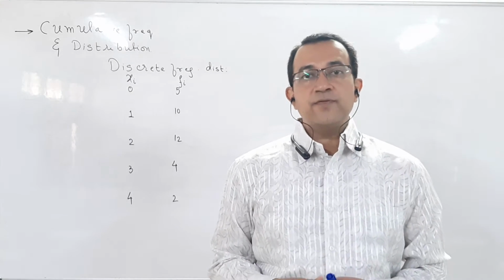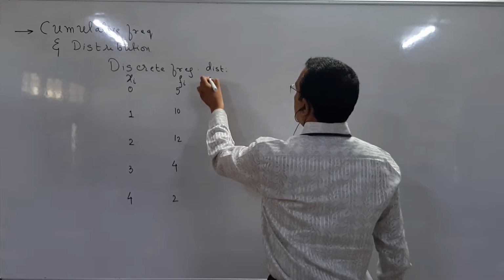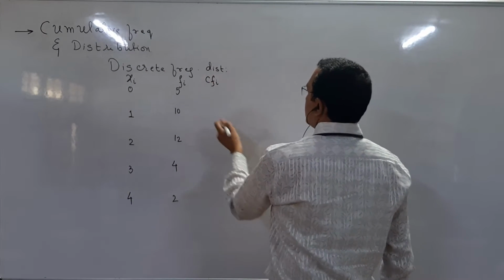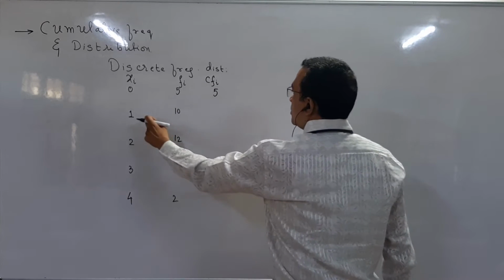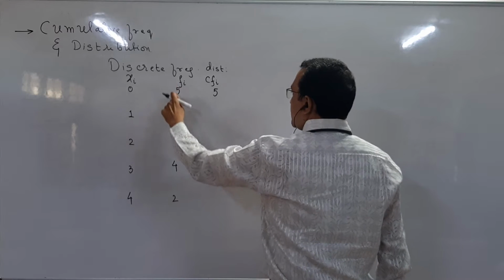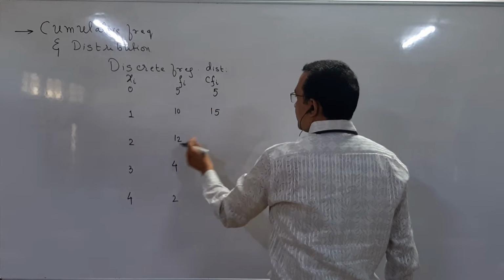Now students, if I want to find CFi, the cumulative frequency, the cumulative frequency of 0 is 5. Cumulative frequency of 1 is adding both these frequencies, so 5 plus 10, 15.